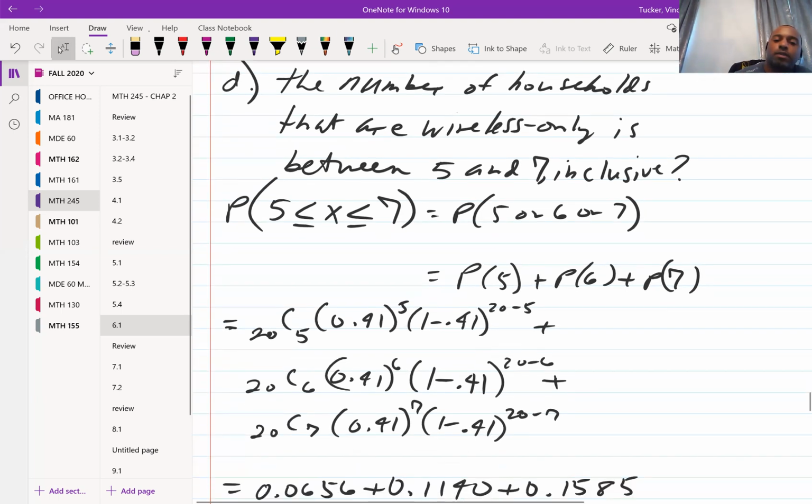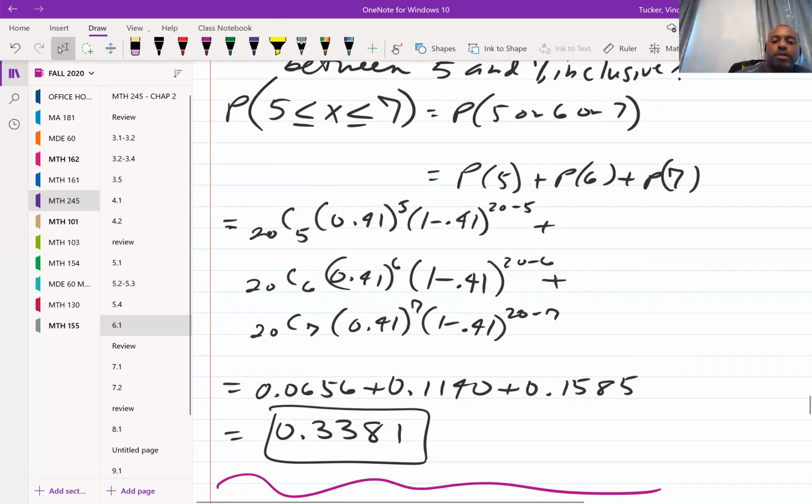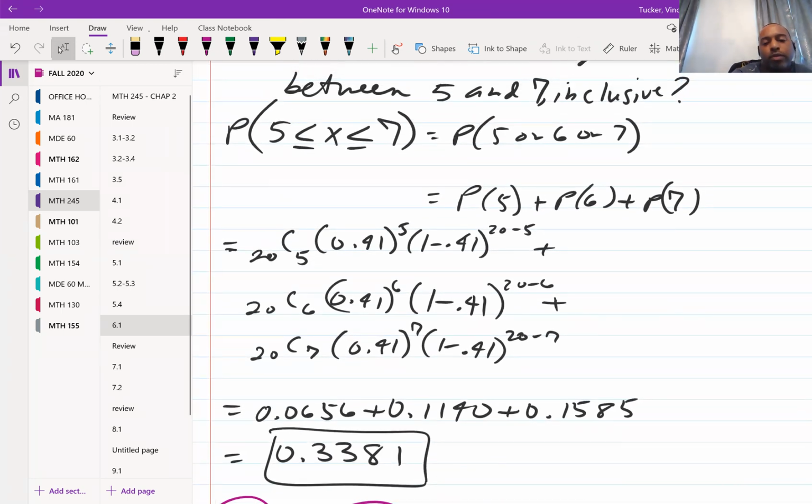All right. Put them in the calculator. You have those 3 values, add them up, you get 0.3381. Any problems? Any problems?